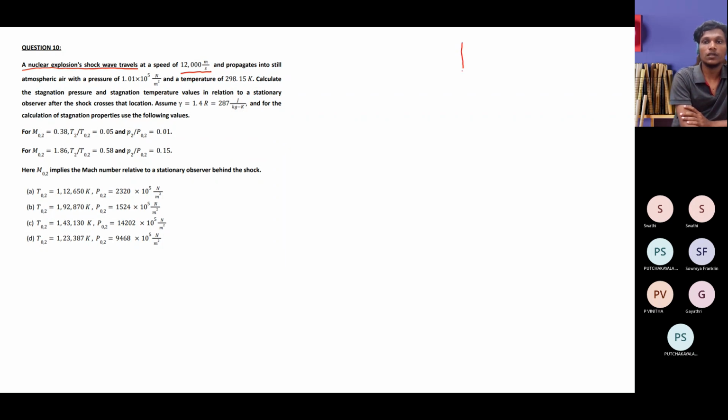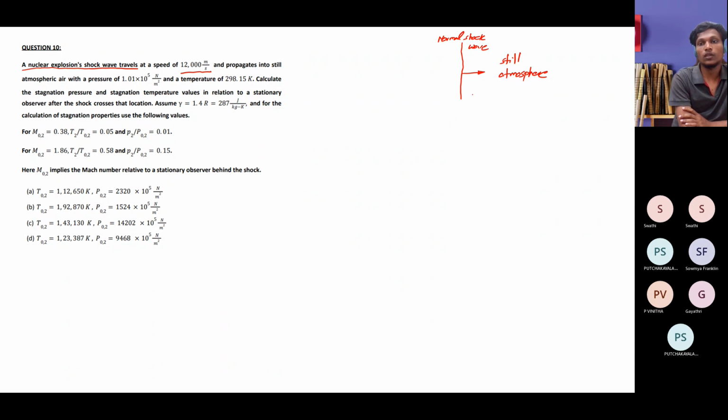So this is the normal shock wave. This is still atmosphere. This is propagating at the speed of u1.